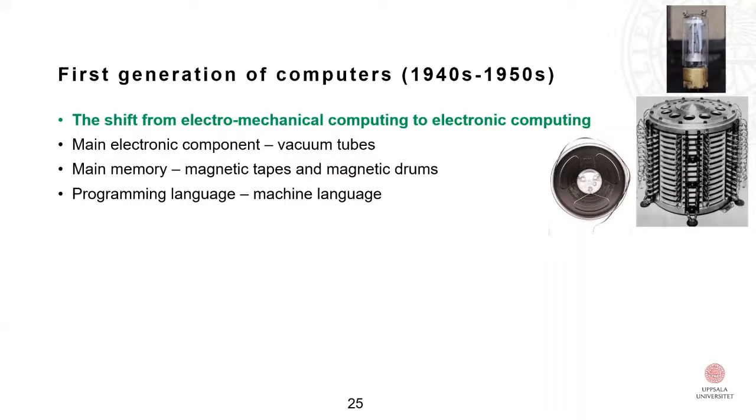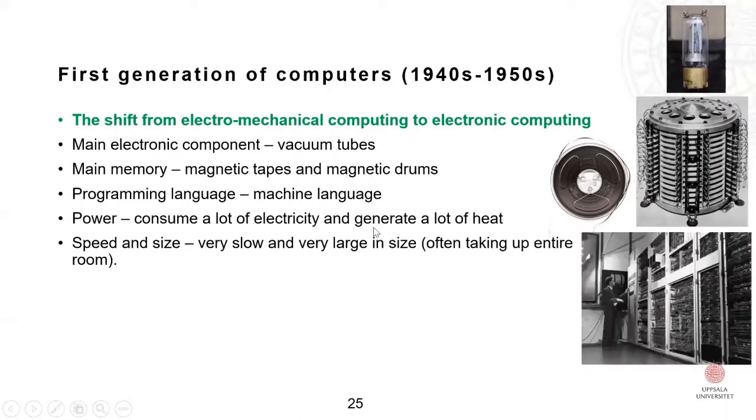The lowest level is machine language, which is in terms of zeros and ones. It is not like a real language that one could read and understand. Only people that are specialists inside a specific model of computer could understand the machine language. And it was actually quite time consuming even for them to write such programs and understand them. So the language at this first generation was machine language.